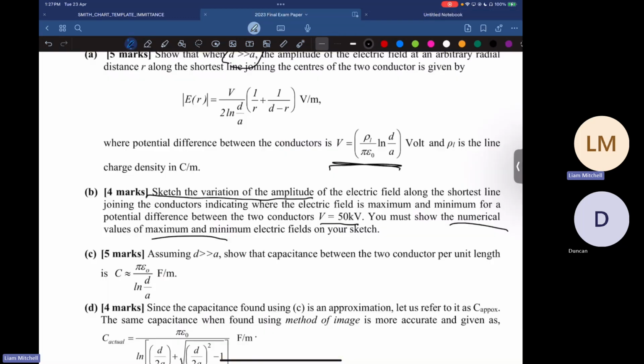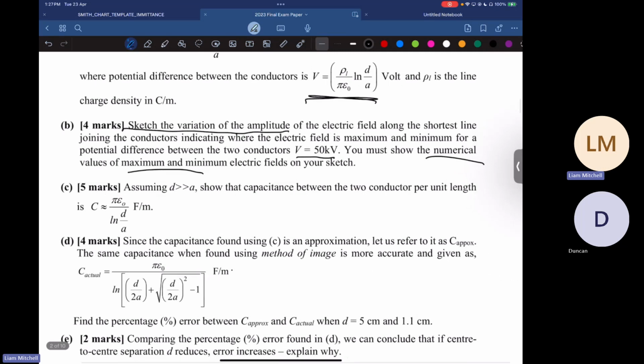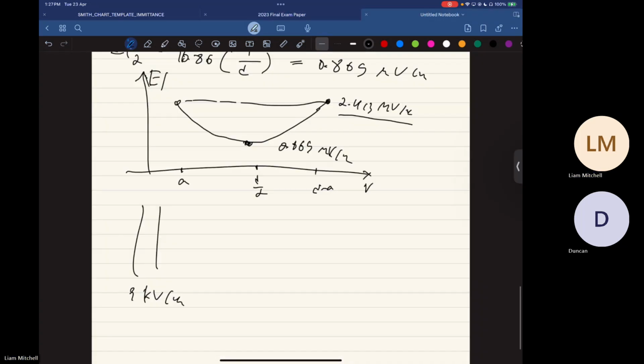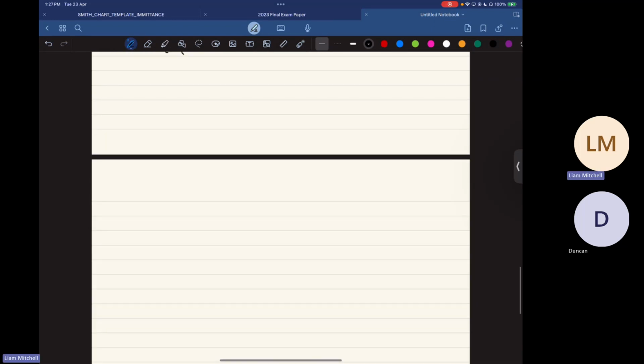Okay, and then it asks us to show the capacitance for D larger than A. Just going to make a new page. We know that capacitance is defined as Q over V. In this case, it is our rho L over V, capacitance per unit length, farads per meter.